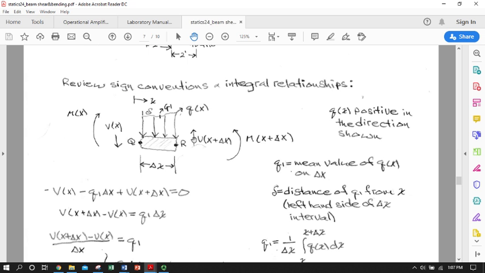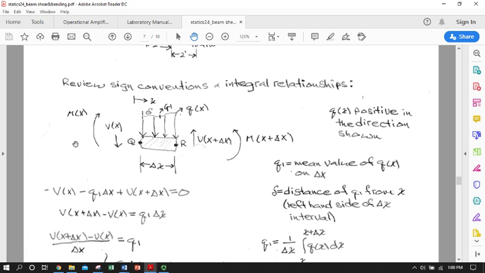So we're going to represent the shear force being exerted on this element by the right-hand side that was cut off as our shear force V at x plus delta x, and our bending going in the counterclockwise direction as M at x plus delta x. Point R is x plus delta x, referenced to some x equals 0 way over here at the left, and point Q is at point x.